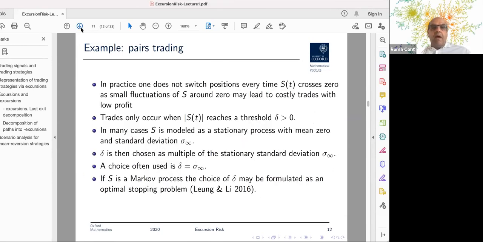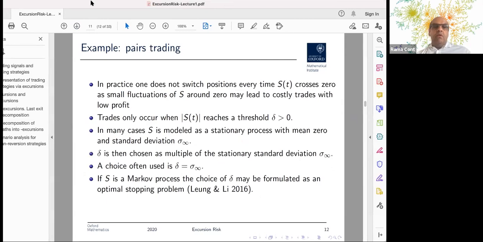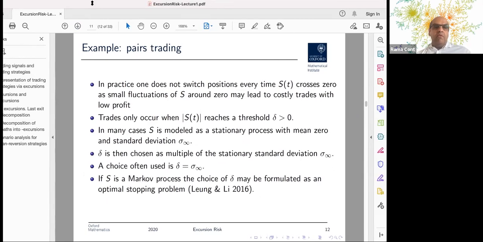And now some remarks about the strategy, which we will use in other examples. In practice, you don't switch positions from long to short every time your signal crosses zero, because you can have a signal which fluctuates around zero. You just have a tiny fluctuation around zero.